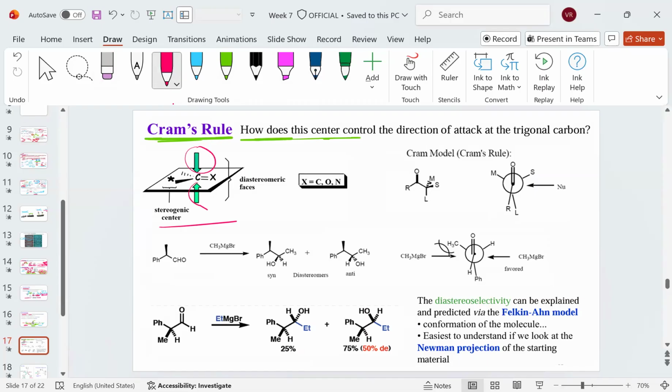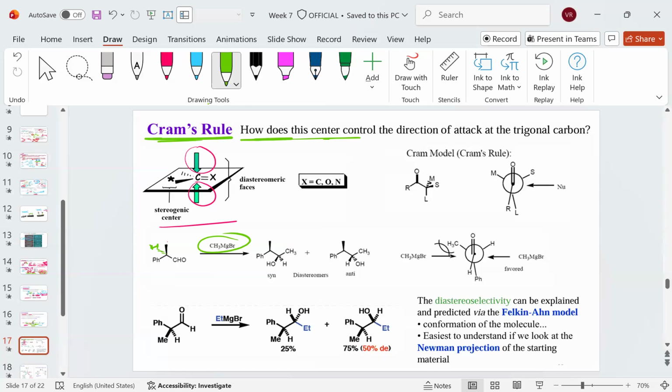As mentioned, the attack can take place from both sides, so depending upon the adjacent groups, the attack mainly takes place. In this example, you can see the trigonal carbonyl center. Now, if you look at the adjacent carbon, it has a methyl group directed upward and the phenyl group in the plane. Obviously there will be one hydrogen directed downward, which I will draw here.